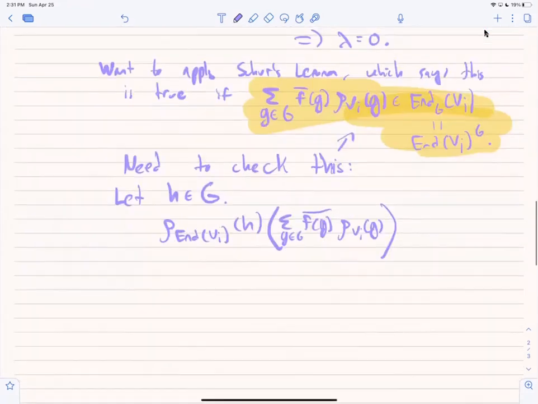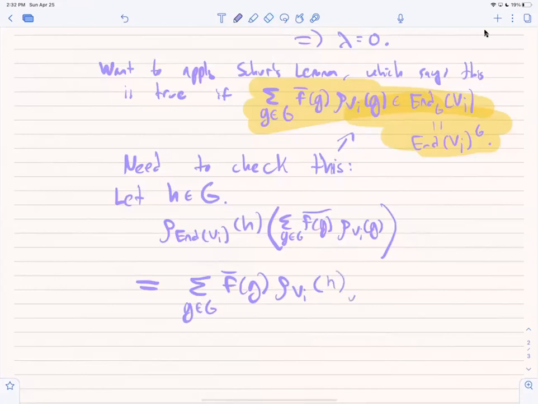Okay, it looks like a mess, but if you just decode the definitions, we're really just conjugating by rho sub Vi of h. You conjugate on the outside of the whole thing, and you pull it in by linearity through the multiplication by scalars. So this is f bar of g times rho sub Vi of h, rho sub Vi of g, then rho sub Vi of h inverse.